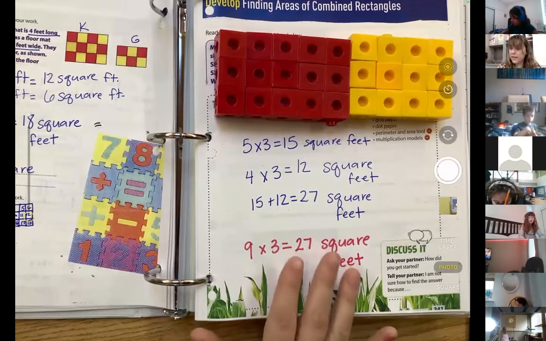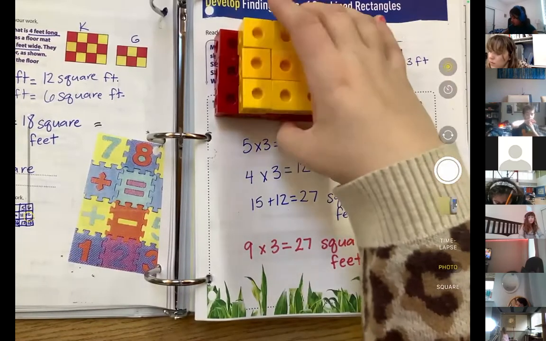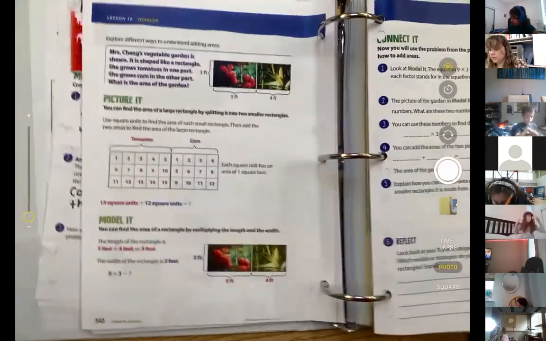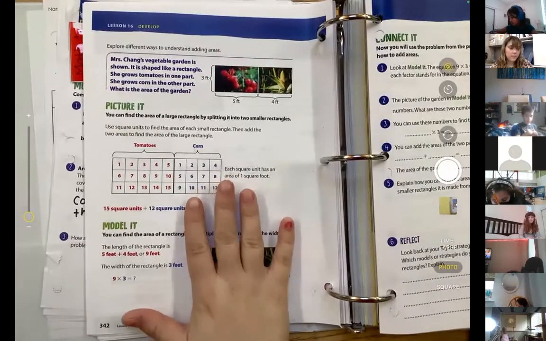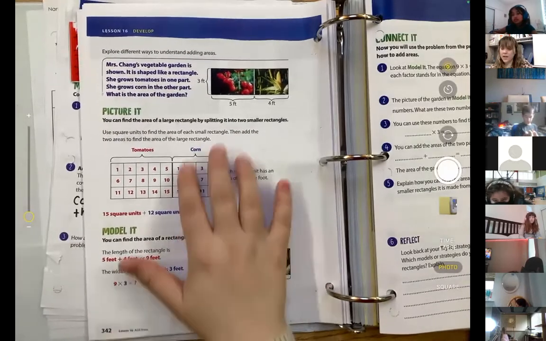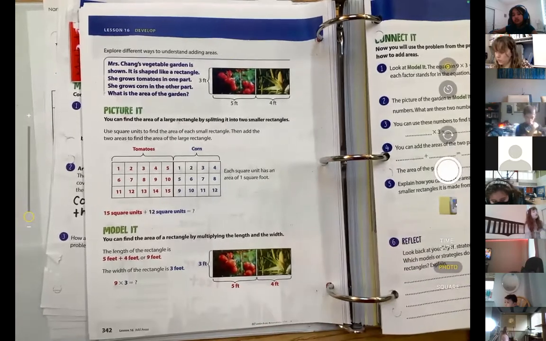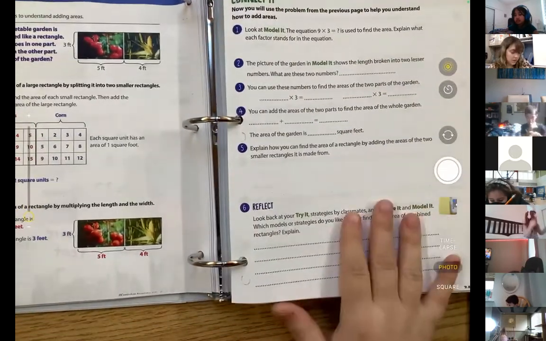All right, if you didn't get all this, we can come back to it. But let's dive a little deeper. So this page here basically was just showing everything we just did. Okay, so we're going to skip to our Connect It page.